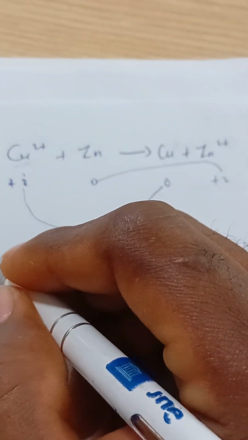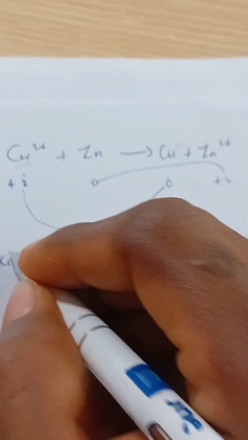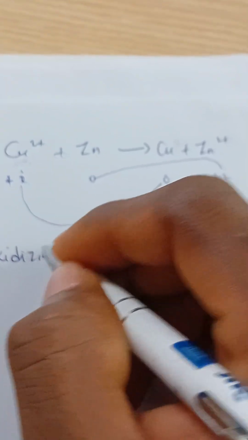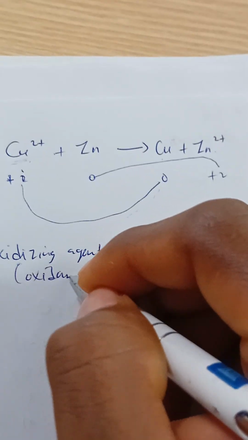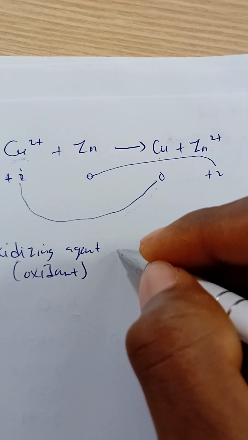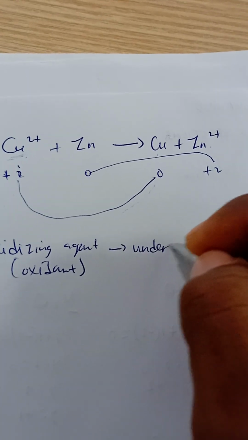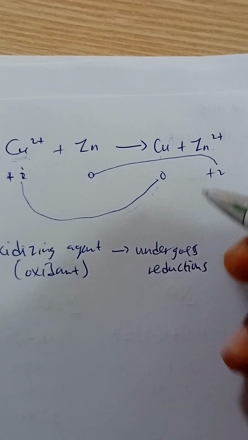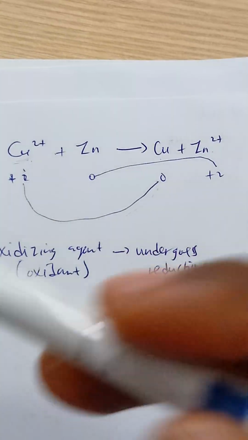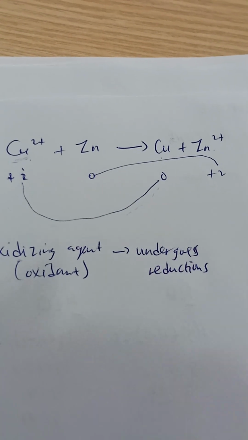So we have the oxidizing agent, or you can call it oxidant. It is any species that undergoes reduction. Take note of that: it undergoes reduction because in the process of oxidizing somebody, it is being reduced.